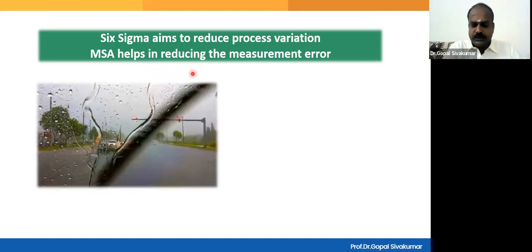Doing a Six Sigma project, solving a complex problem, is equivalent to driving a car on a highway. When you are driving a car on a highway, it is very important that you keep your focus on the road. If you are not able to focus properly on the road, then definitely it will lead to accidents and injuries, and you will not reach the destination.